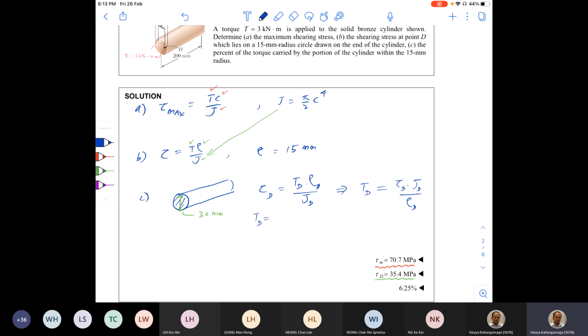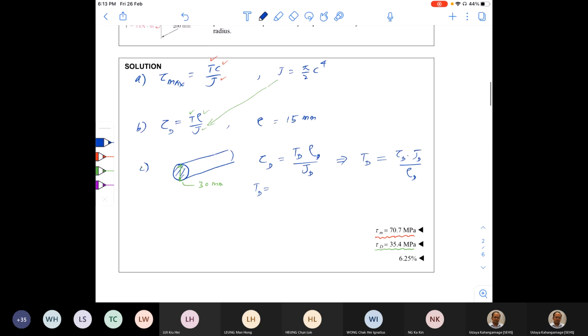What is the tau d? That is this tau d here. It is already calculated in part B, that is 35.4 into 10 power 6 to convert into Pascal.